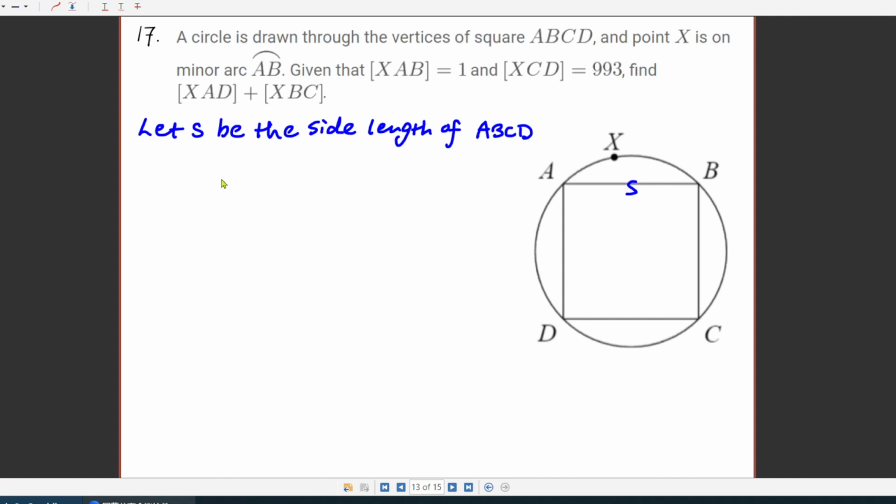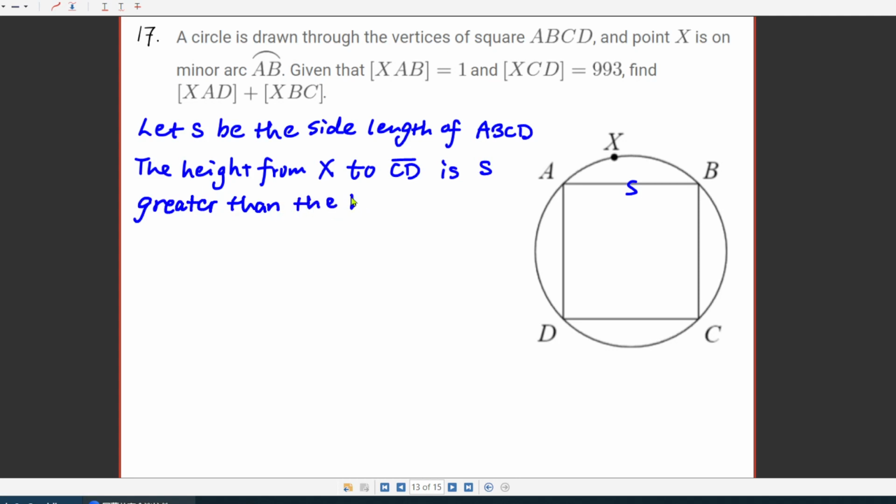Then the height from X to CD must be S greater than the height from X to AB, right?